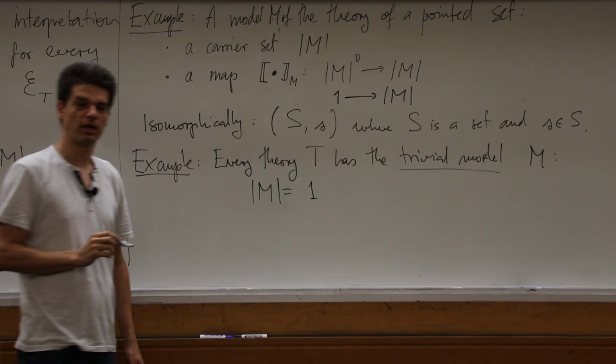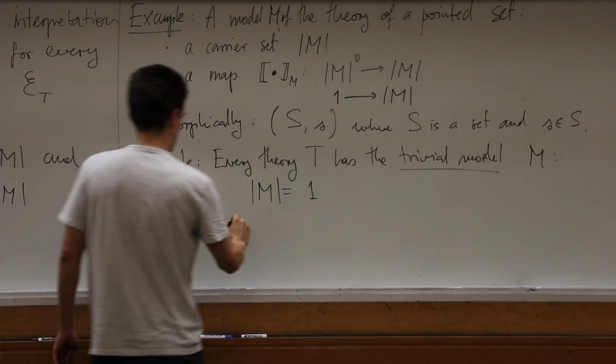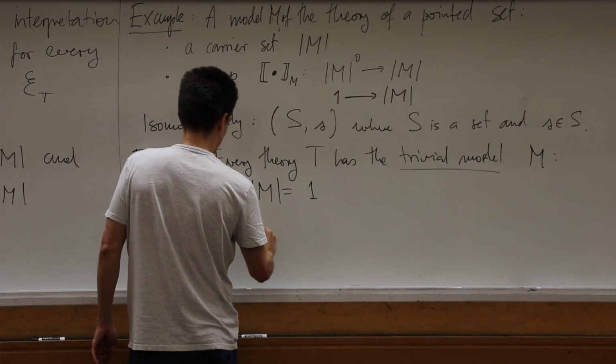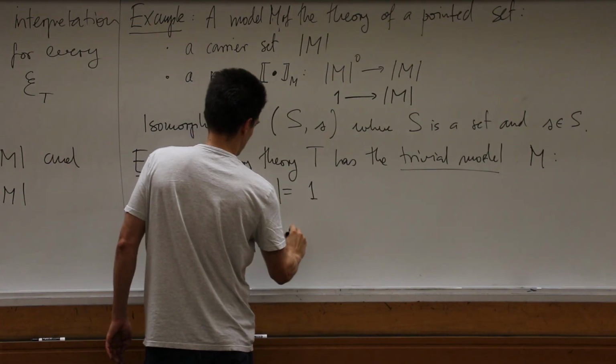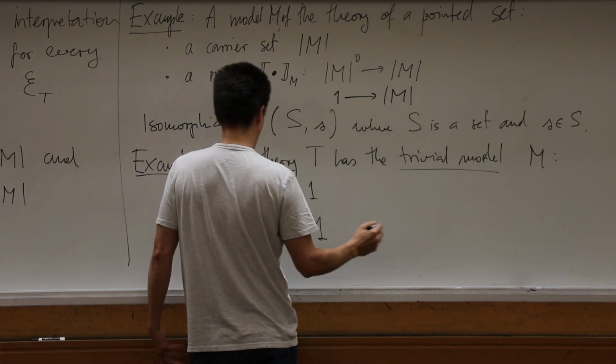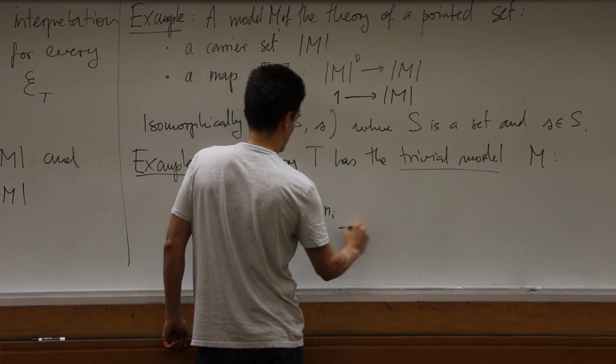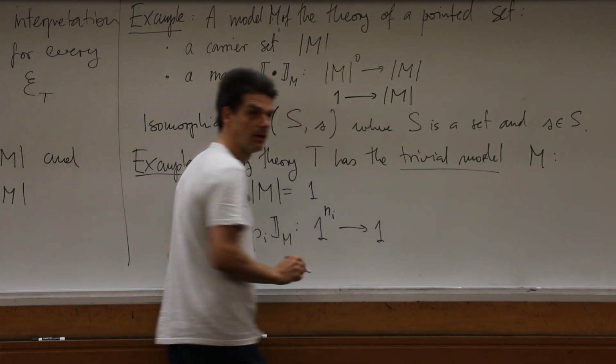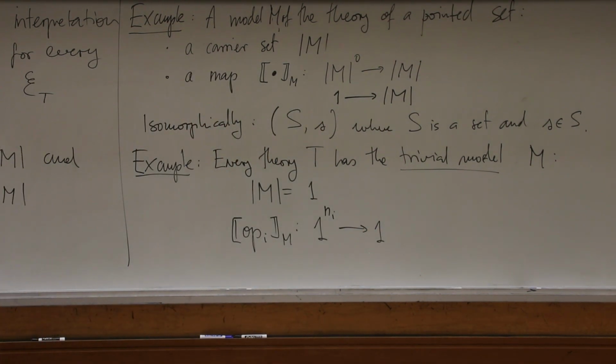And any operation that you have is interpreted by the only possible map from 1 to the n to the 1. And all equations hold because all maps into 1 are equal, since it's a terminal object. So you always have this model.